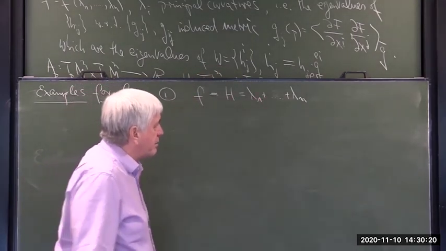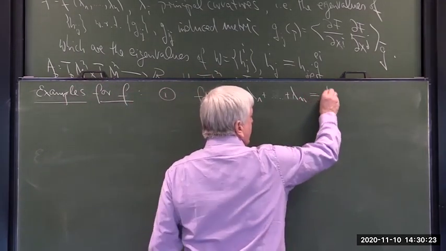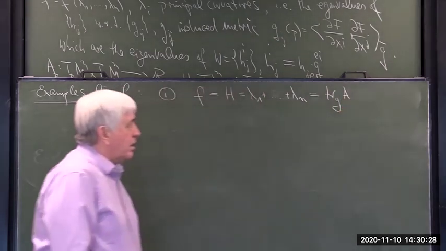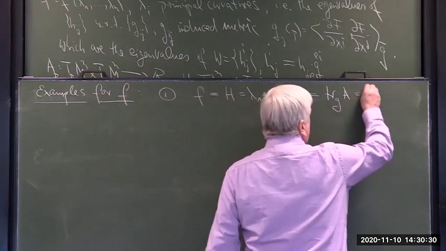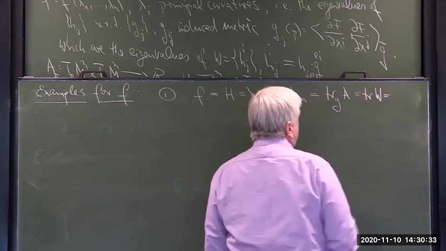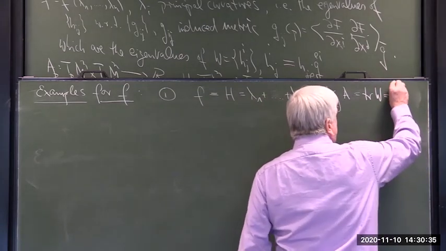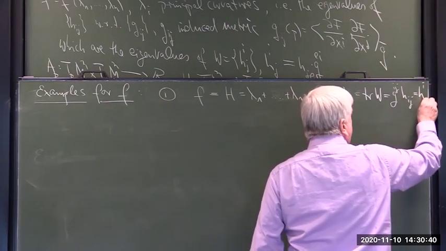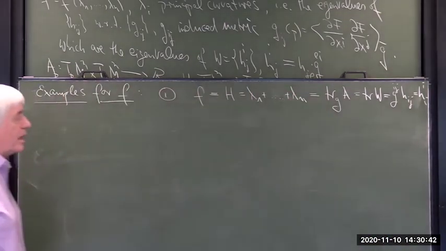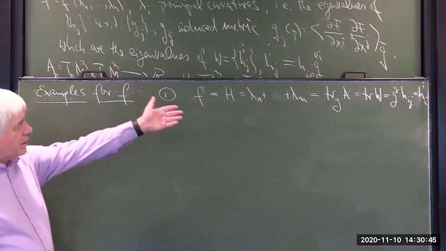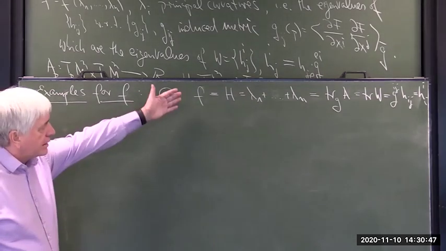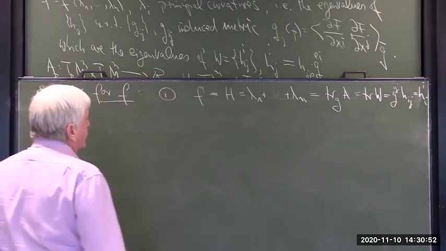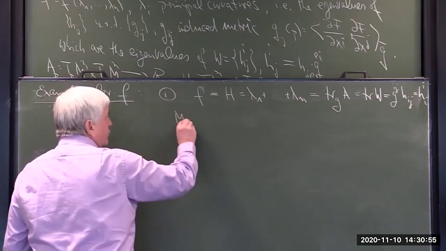We always take the sum because this is the same as the trace of the second fundamental form with respect to G, which is the same as the trace of W, which is the same as G upper ij, H lower ij, which is the same as H upper i lower i, sum over i. So this is the notation we're using, and this is the simplest choice, where f is the mean curvature, and then this flow would be the mean curvature flow.